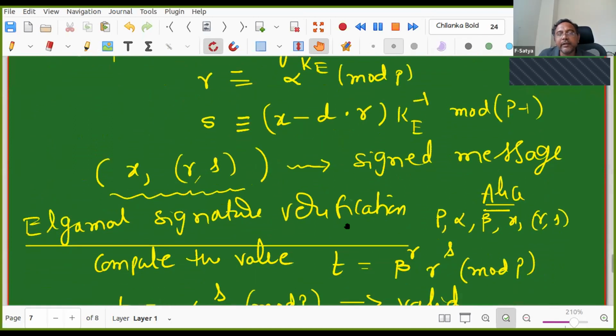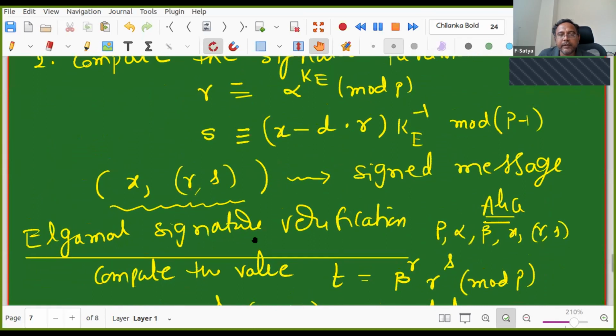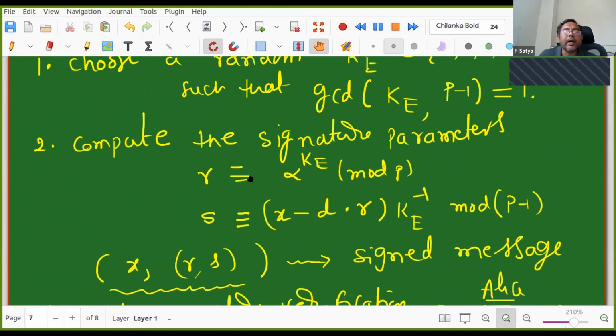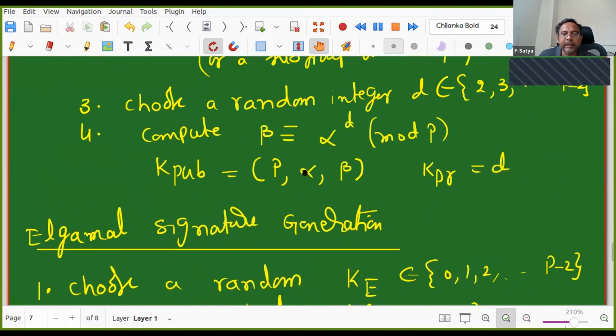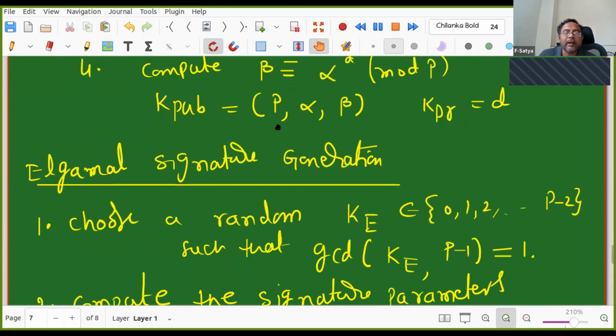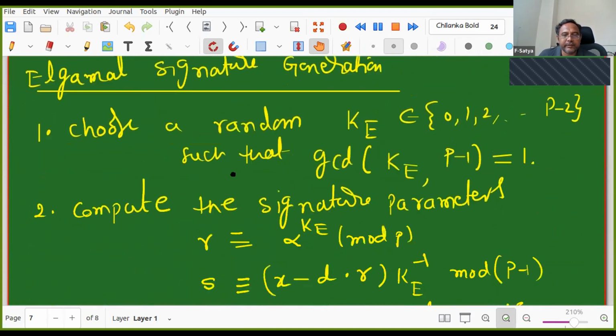Now Elgamal signature verification. What does Lis know, or any person know? They know X, they know R, they know S. They also know the public P, alpha, beta. All of these are known. Now we need to define the verification algorithm using these.